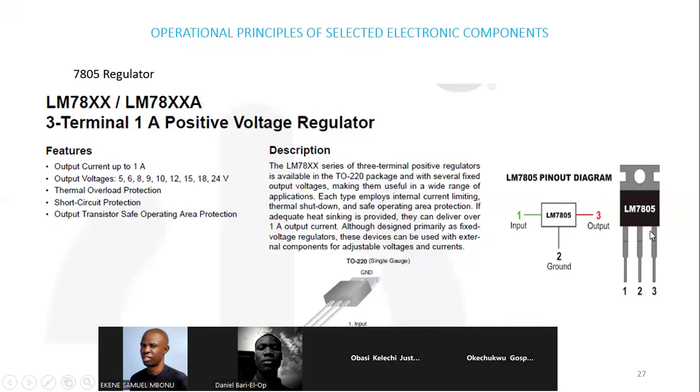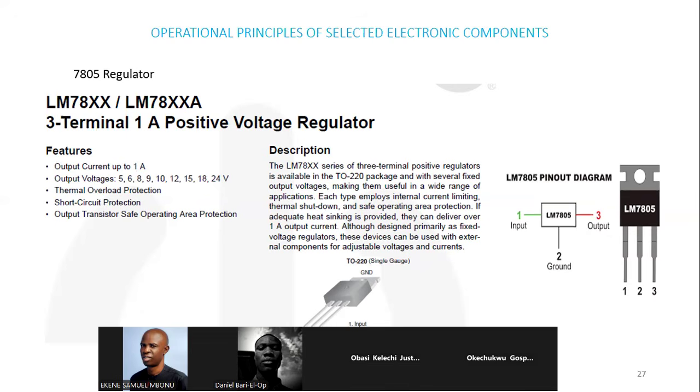From the data sheet, you get to see that if the black end of the regulator is facing you, the left pin is the input. The middle is the ground, while the pin on the right-hand side is your output.